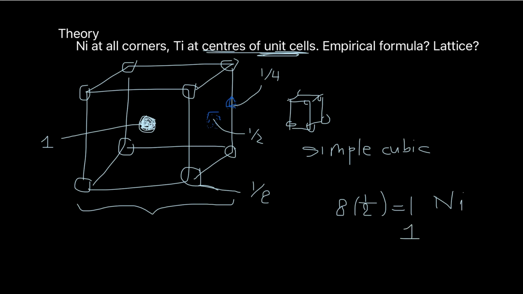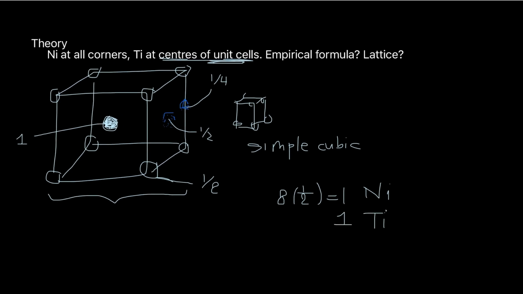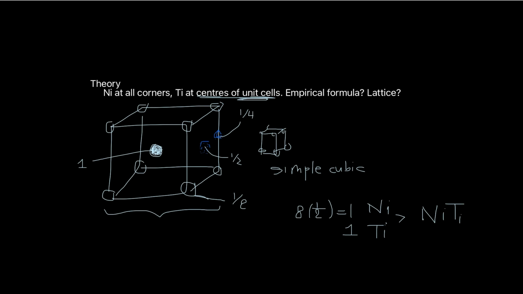So that's just 1 times 1. And notice it's Ti, not Tl. On the formula sheet there are 2 things that look really similar, so be careful on that. Since it's a 1-to-1 ratio, this would be your empirical formula. So that's the theory for you.